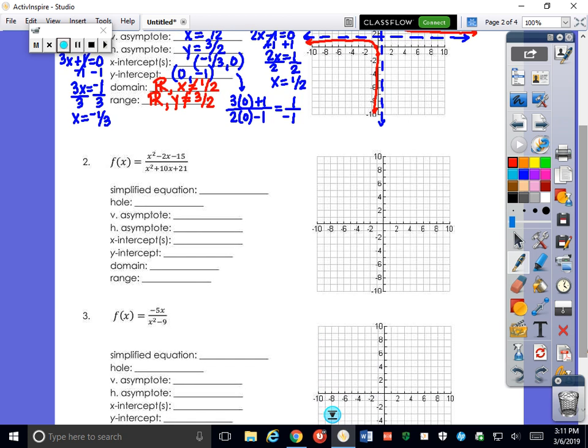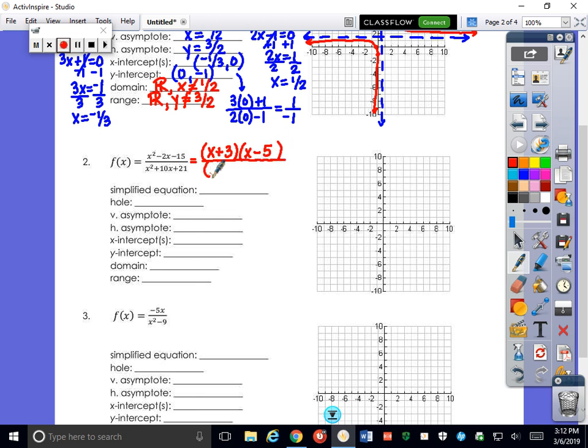Okay, number 2, we're going to have to factor it first before we can give the simplified equation. So I'm looking for 2 factors of -15 that add up to -2, and those are going to be a +3 and a -5. So -5 times 3 is -15, -5 plus 3 is -2.